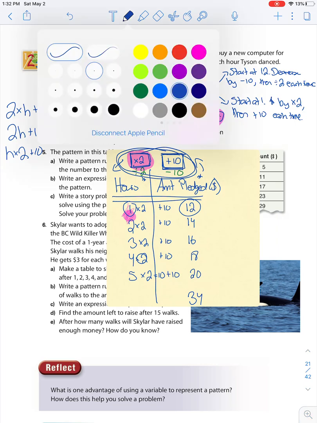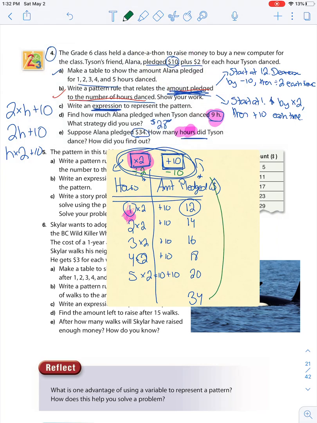That means that we need to work backwards through the machine. So 34 minus 10 gives us 24, and then 24 divided by 2 is 12. So the answer would be 12 hours.